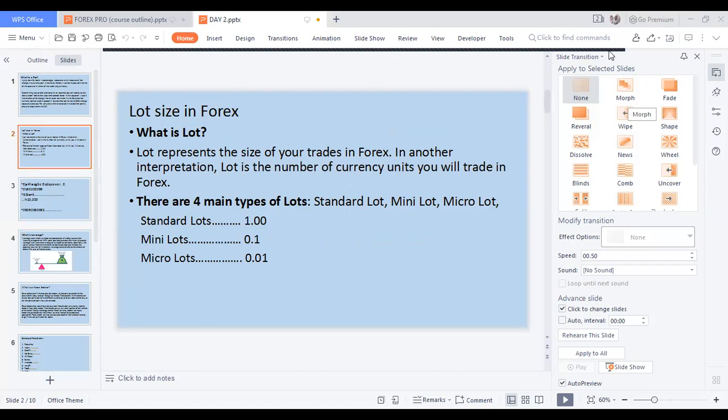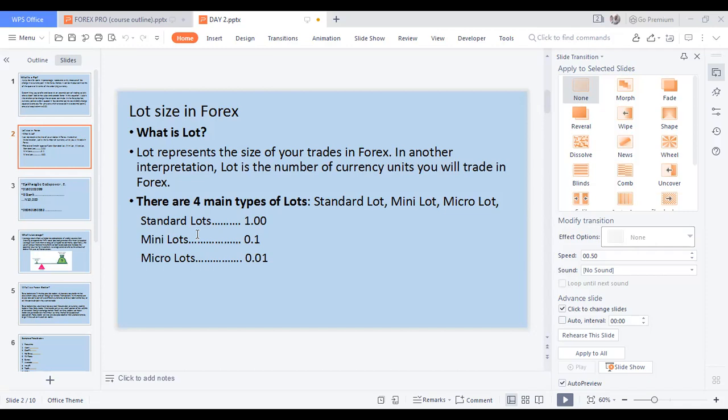These types of lots are the standard lots, mini lots, micro lots. Now, there is also what they call nano lots, but I don't like talking about nano lots because they are much more negligible, meaning that they're not of real relevance in the Forex market.